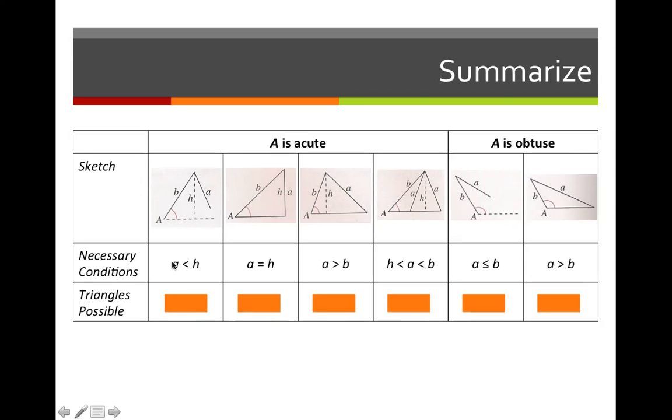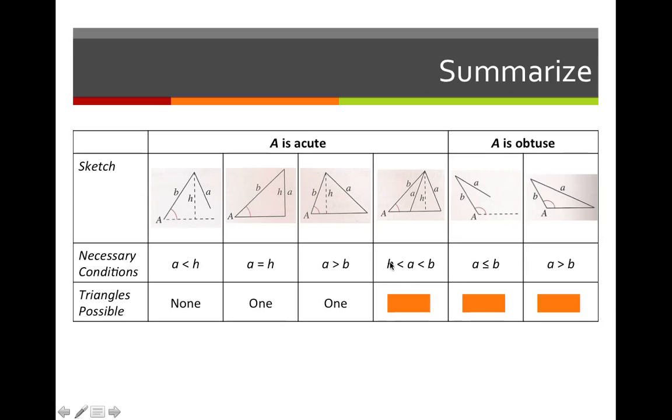So in this case, when a is less than h, then we know we have no triangles possible. If a is actually equal to h, then we've created one possible triangle, and it's actually a right triangle. If our a value is actually bigger than our b value, then again, we're only creating one possible triangle when it comes out here to the side.